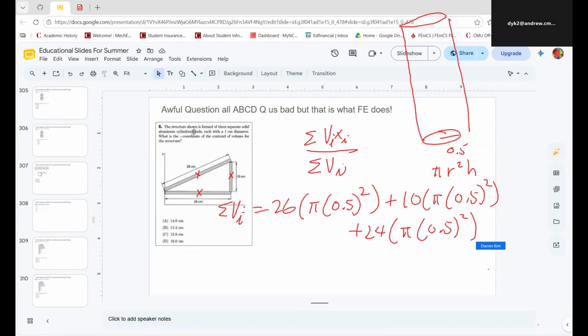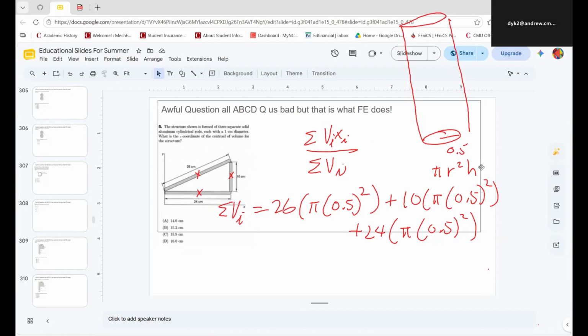Okay, we can get that down. This is 26 (pi multiplied by 0.5 squared), right? And I need to do that 3 more times on my calculator, plus 10 (pi multiplied by 0.5 squared), plus 24 (pi multiplied by 0.5 squared).